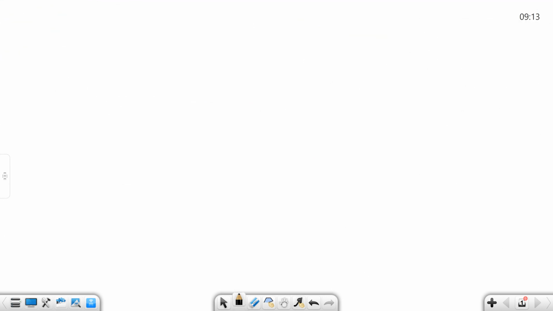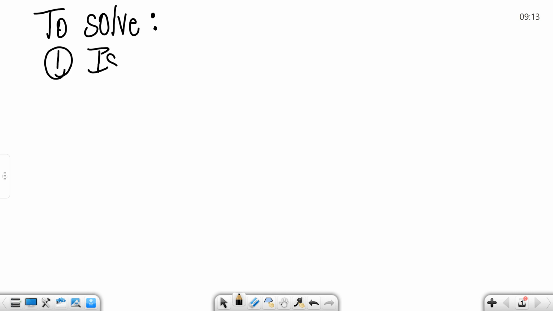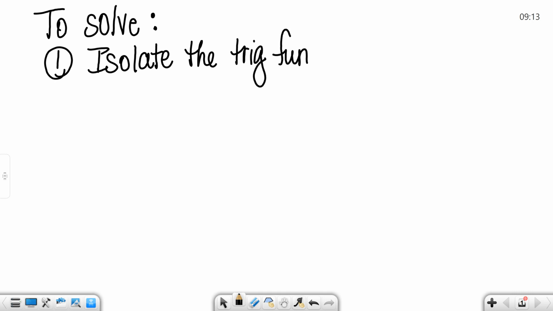Okay, let's try some more. All right, so our problems won't always be as straightforward as that one. So let me just give you some direction here. To solve these trig equations, the first thing we want to do, if it is not already done, is to isolate the trig function on one side, if it is not already on a side by itself.